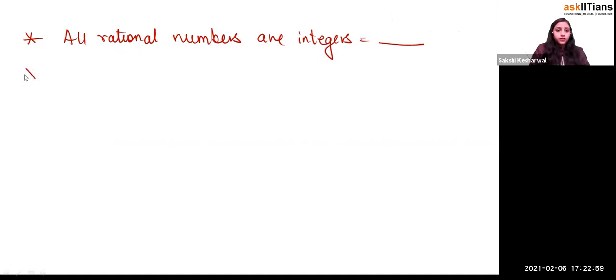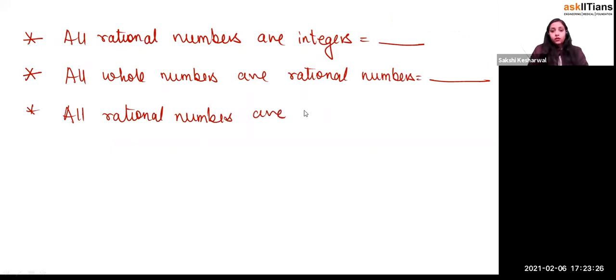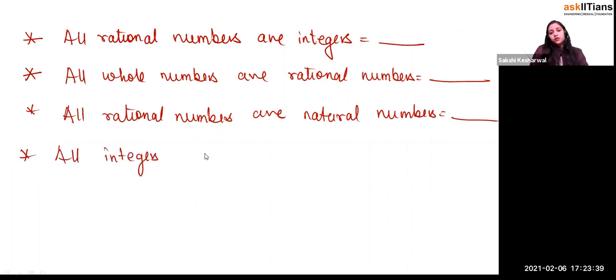I'll write down the questions. Second: all whole numbers are rational numbers. Third: all rational numbers are natural numbers. And fourth: all integers are rational numbers. Yeah, these are the 4 questions.